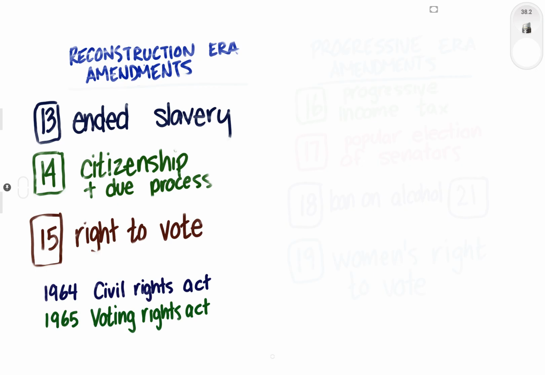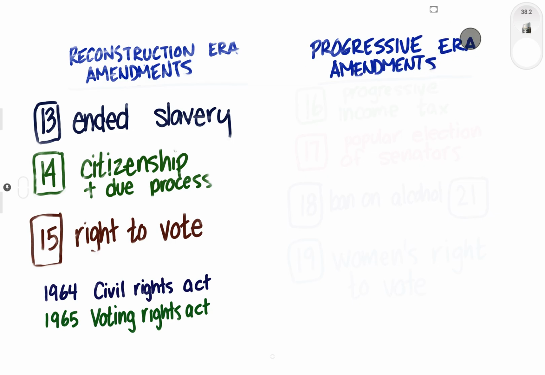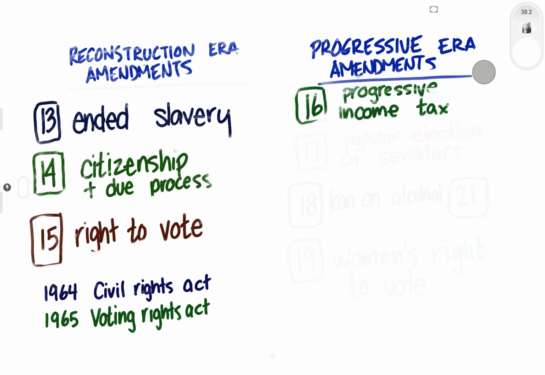In the early 1900s, we had the Progressive era, and there are a bunch of amendments there. There are 4 of them. So number 16 was a progressive income tax.